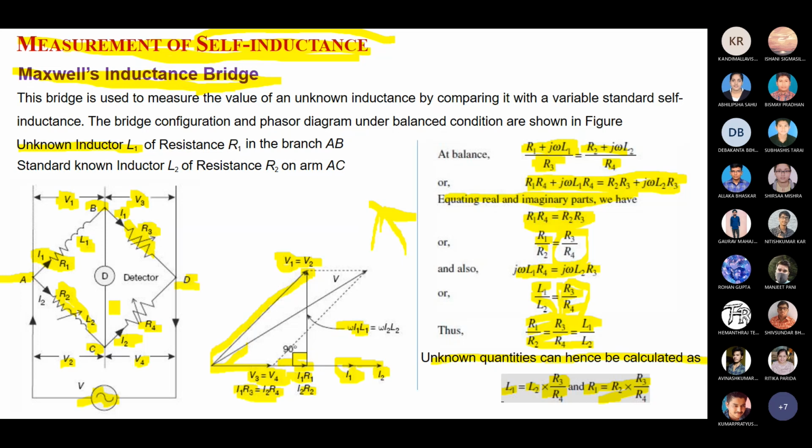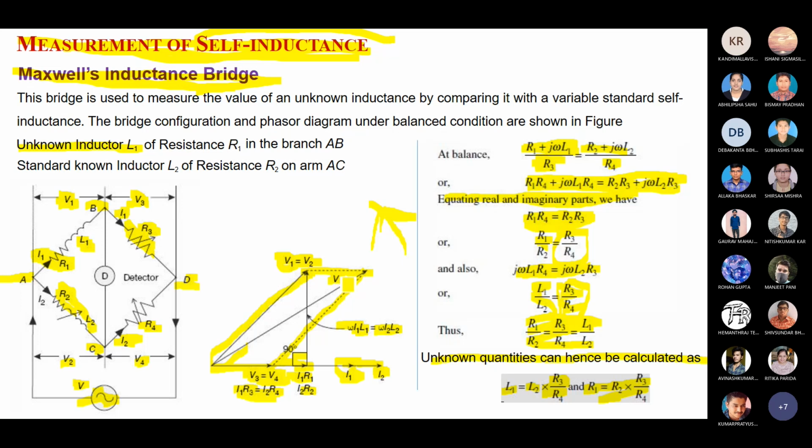And that arm will also be I2 omega L2. So it is your V1, V2 and it is your V3, V4. Now what is the total value of V? Vector addition will be there. Adding by the parallelogram, you can draw the parallelogram, so directly you will get the value of V.